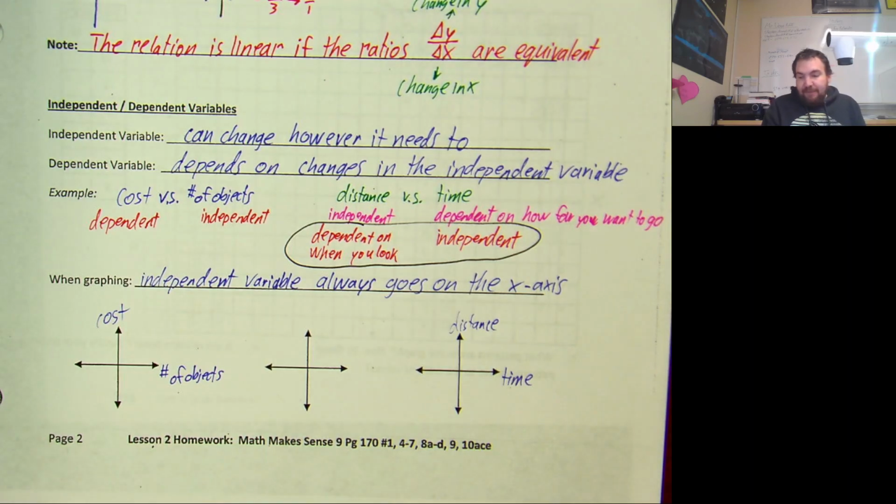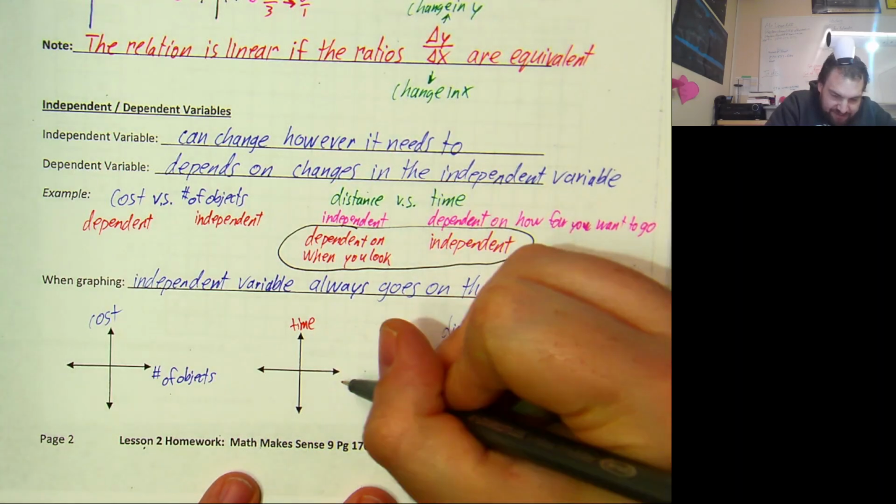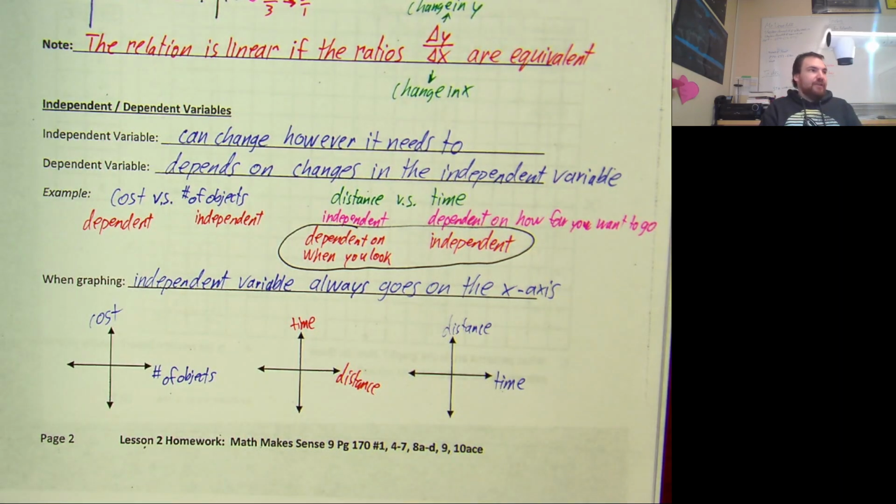But if we look at the example that Carolyn gave, if I'm going this far, time would actually be up here, and distance would be down here, depending on the context of the question. You have to be able to identify the thing you are selecting and then recognize what is changing as a result of what you've chosen.